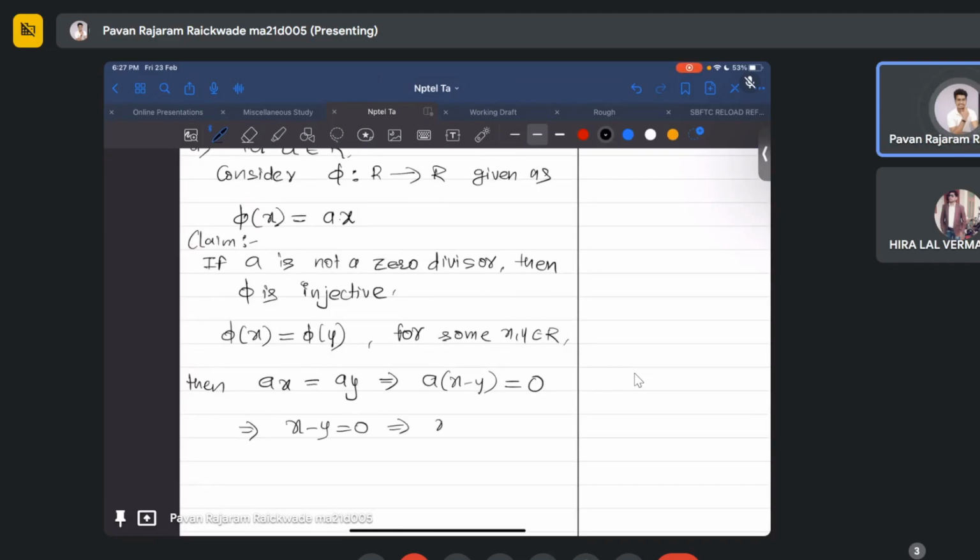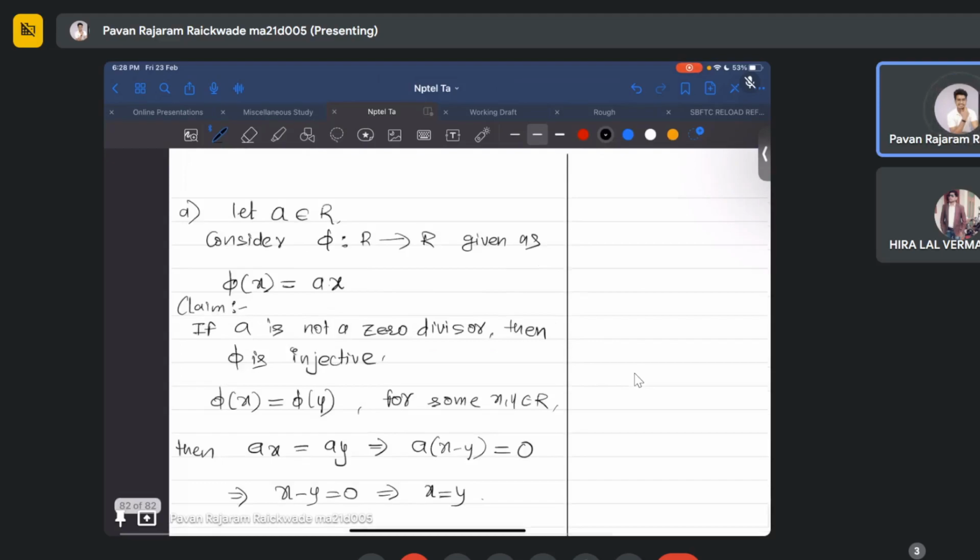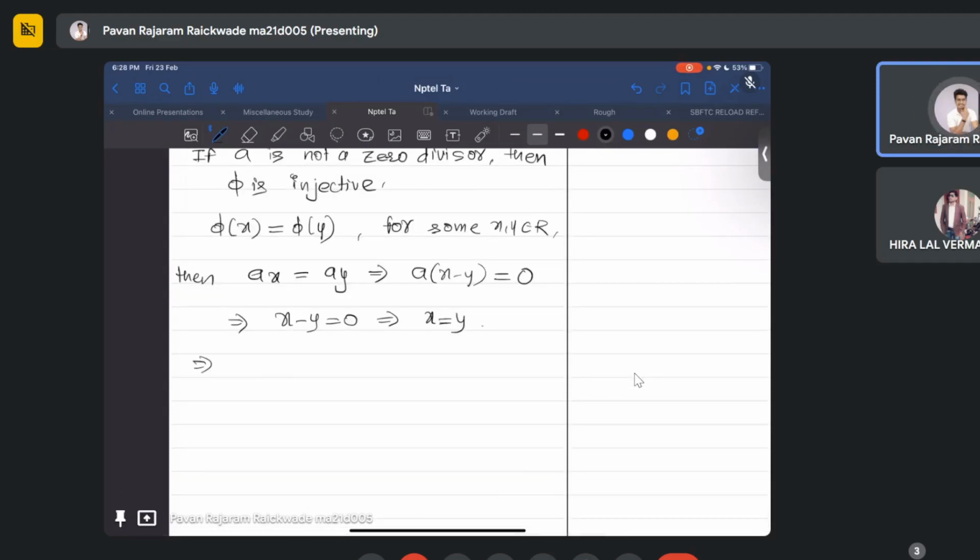This implies x equals y. That means phi is a 1-1 map from R to R, and since R is a finite ring, phi is a bijective map. Any injective map on a finite set is also bijective.